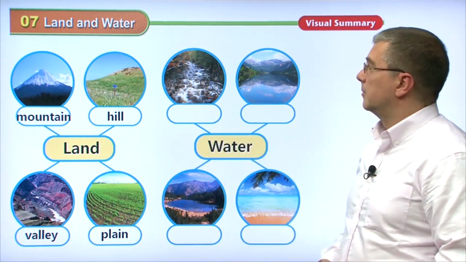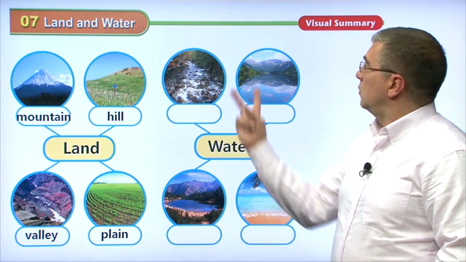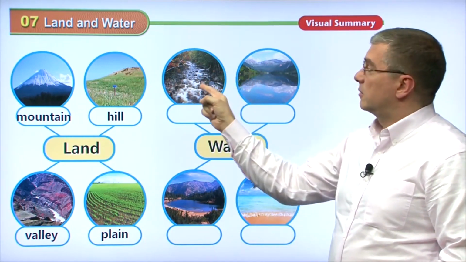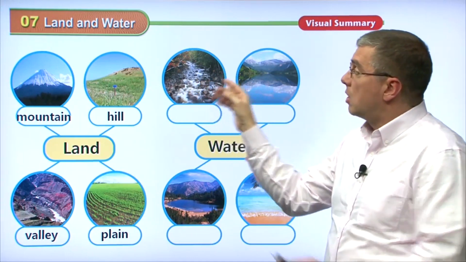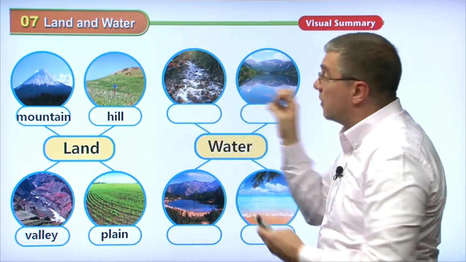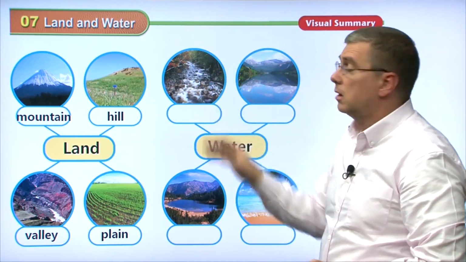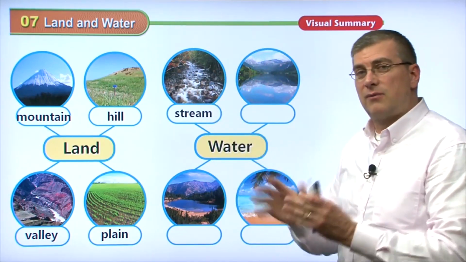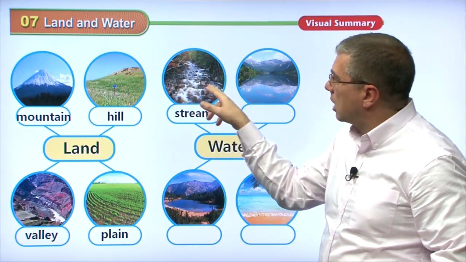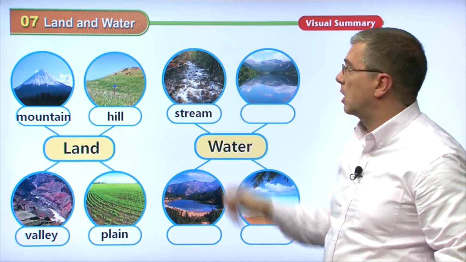Let's move on to water. What do we have here? We have two pictures of moving water, right? This one is smaller, this one is larger. So when we have a small or narrow piece of moving water, we call that a stream, right? Because it's narrow, it's not very big. And we could usually walk across it, maybe step across it, or jump across it.